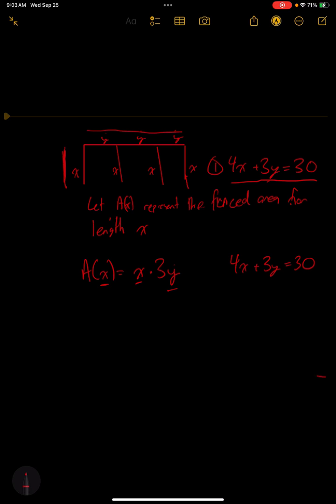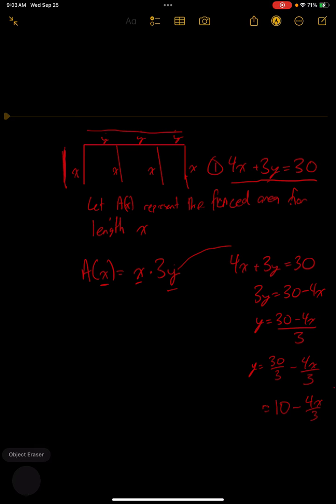So 3y equals 30 minus 4x, and y is equal to 30 minus 4x over 3, which means y is equal to 30 over 3 minus 4x over 3. Y is equal to 10 minus 4x over 3.